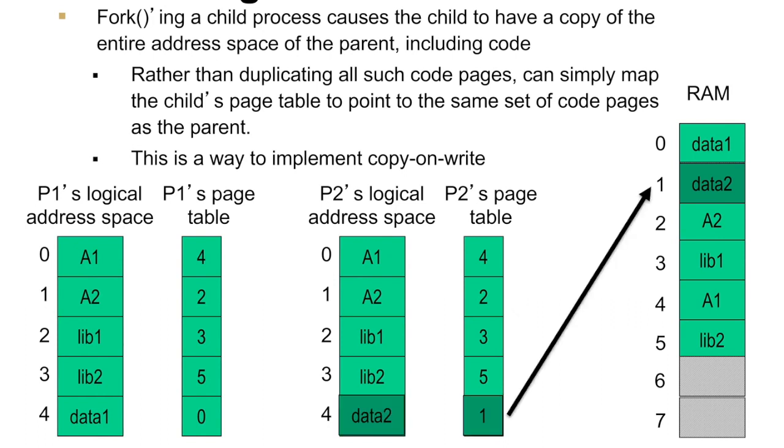And then update the page table to access that new frame. And now every future access will get the correct data that is specifically for process 2. The rest of the pages are still being shared. So if we have code that is not being modified, then we only have to have one copy of it in memory at any time.